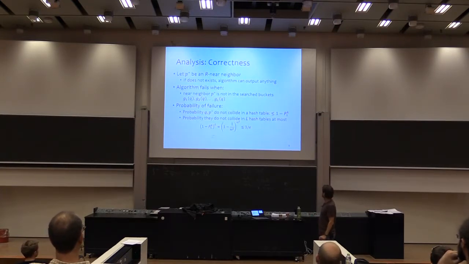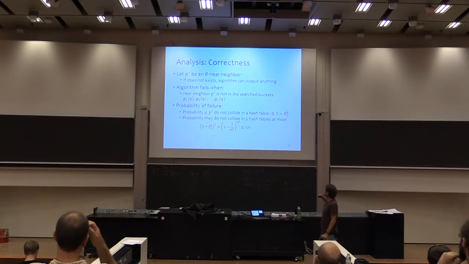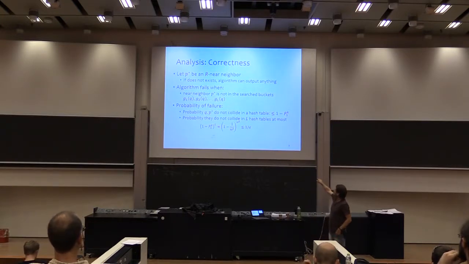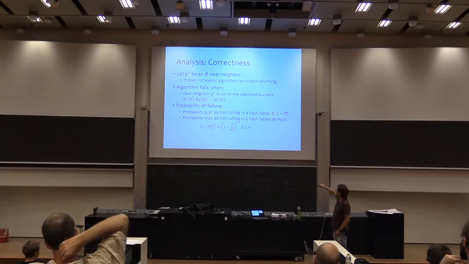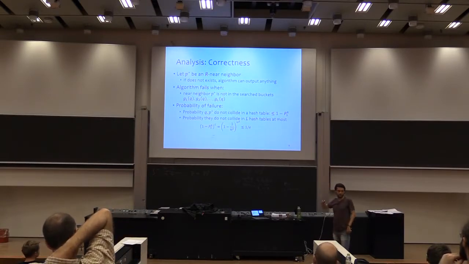This is a more formal correctness guarantee. Suppose P star is the r-near neighbor, this should be small r actually. So P star is a point inside this smaller ball. The algorithm fails if this near neighbor P star does not appear in any of the buckets.